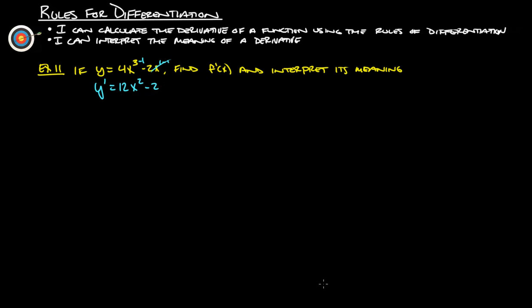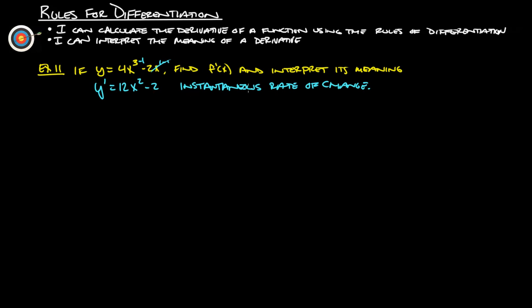Okay? And now interpret its meaning. The big thing you want to remember on interpret its meaning is that this is what we call the instantaneous rate of change. That's what the derivative formula finds for us.